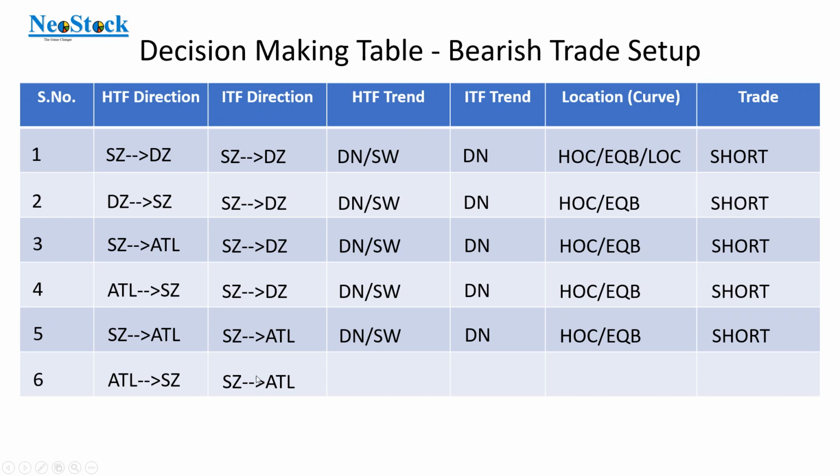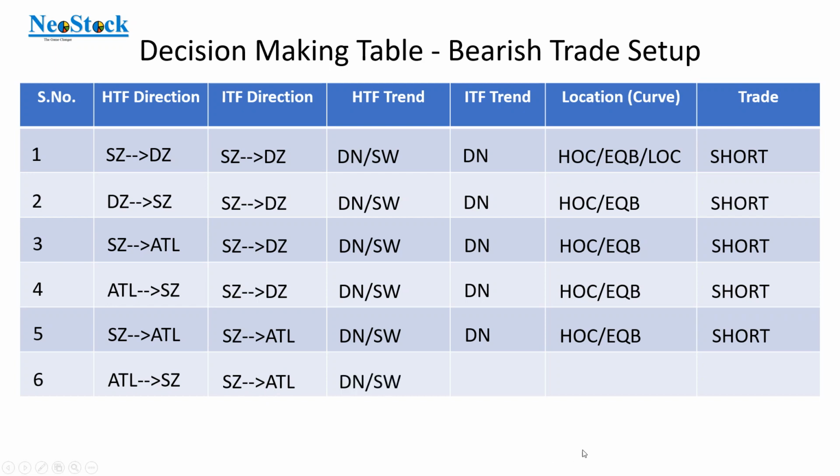You cannot plan against the ITF price direction. We can plan trades against the HTF direction, but you cannot plan against the ITF direction. See here, this is a scenario against the HTF direction, but not against the ITF direction. The ITF direction should always be in our favor.